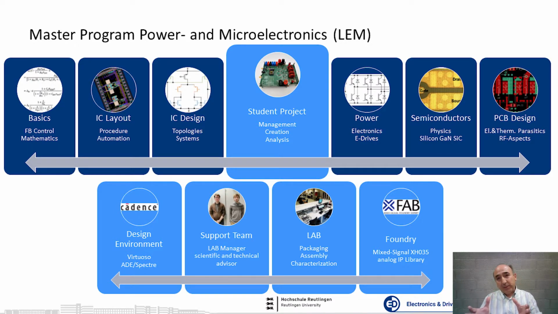The circuits are not functional by themselves, so you have to transfer them into an appropriate layout, which is called the IC layout. How to do that is taught in the block IC layout, to get an appropriate GDS2 file, taking into account the underlying technologies. To be able to follow all these procedures, you have to know about feedback control theory and also mathematics. So all this stuff is at the left-hand side.